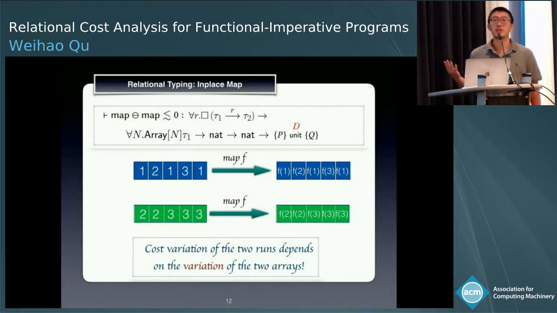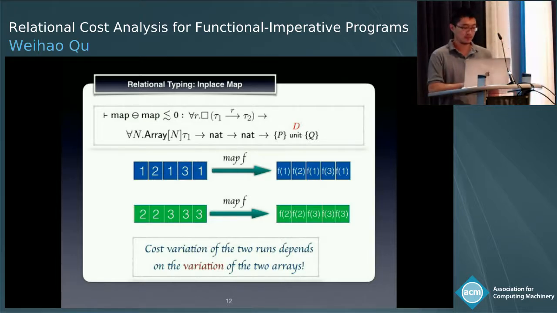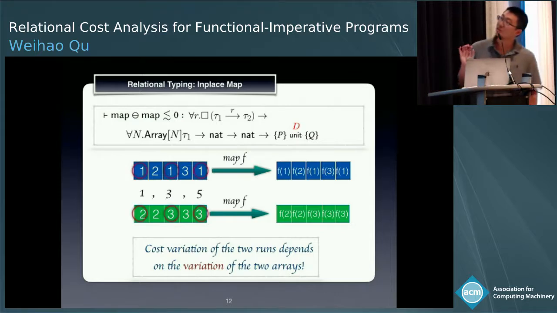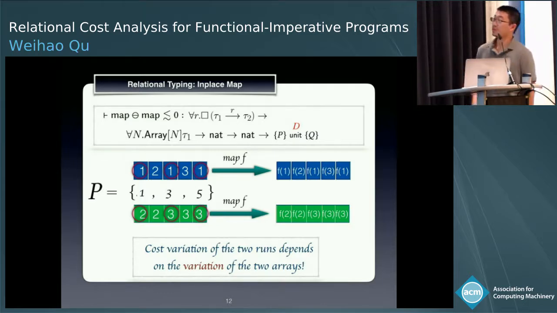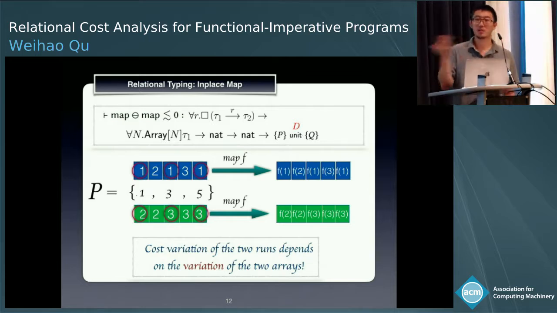In this case, we want to track the information about the variation of the two arrays. So we will compare the two arrays and then figure out the indices where these two arrays differ. And in the system, we make our preconditions record these indices where the two arrays differ.